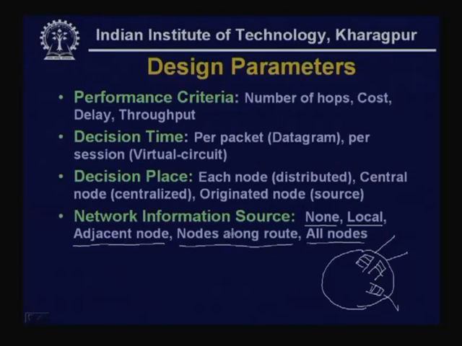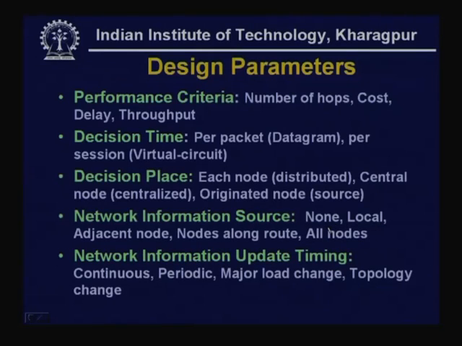In such a case, each node gathers information from all other nodes at regular intervals, and accordingly it makes some kind of routing table, as we shall see, to decide about routing. So, that network information source can vary from none to all nodes. And depending on that, obviously the complexity also will vary.